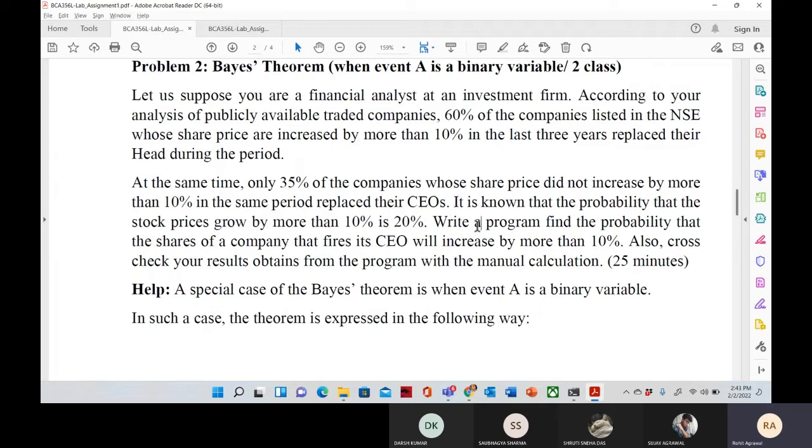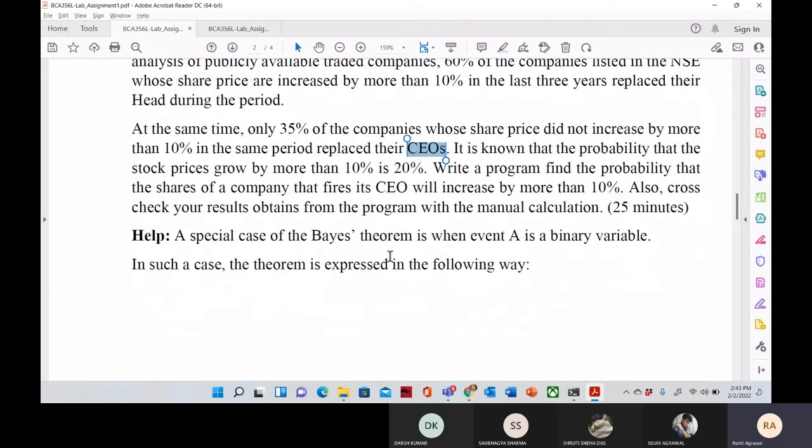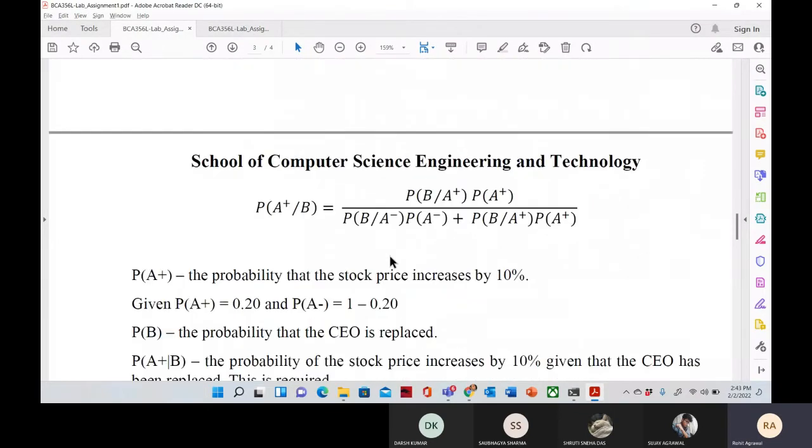So this will be the second thing you need to note. First thing is the share price increase by more than 10%, and second thing is they are replacing their head or CEO. You can see here I have written P of A plus, that means the probability that the stock price increases by 10%.